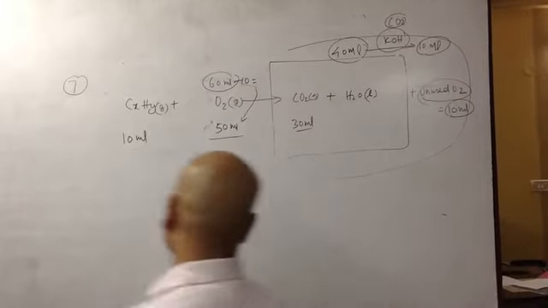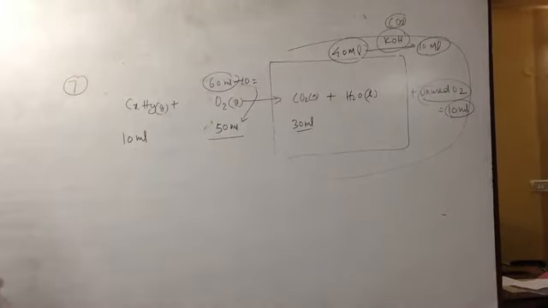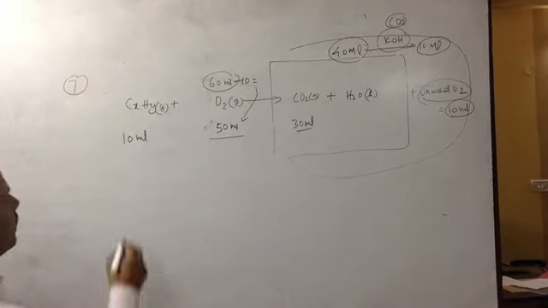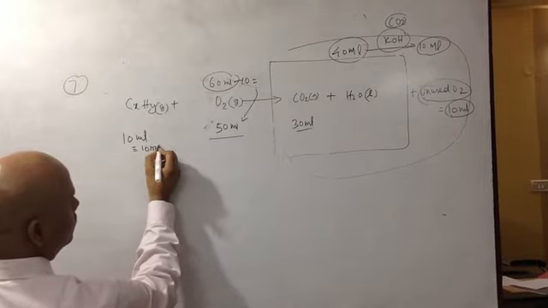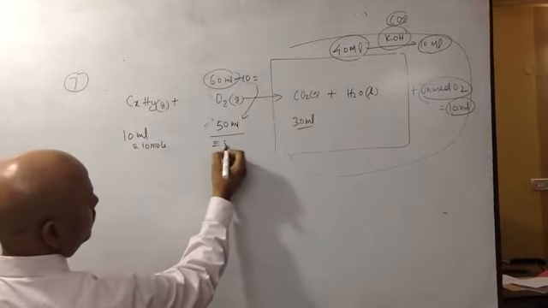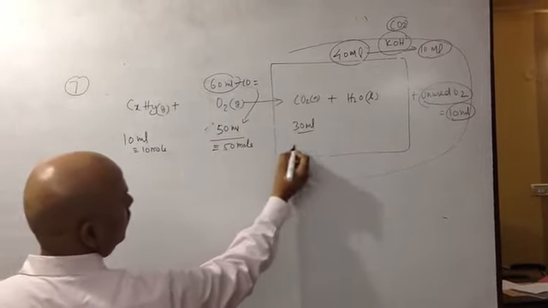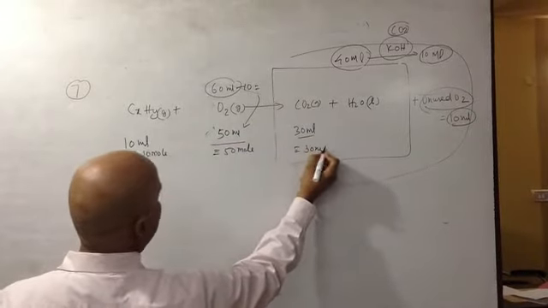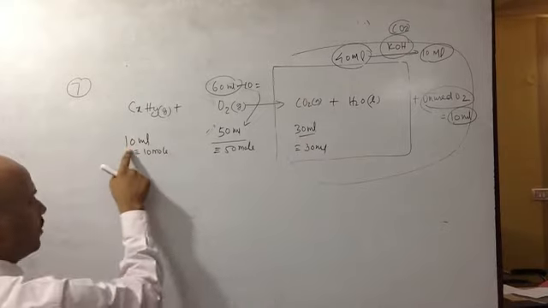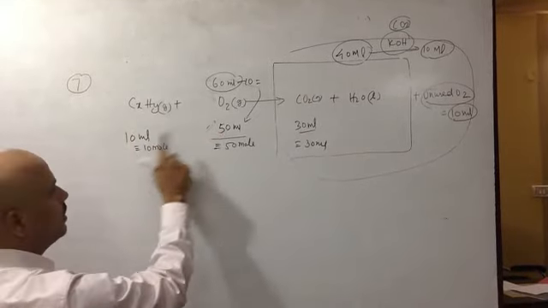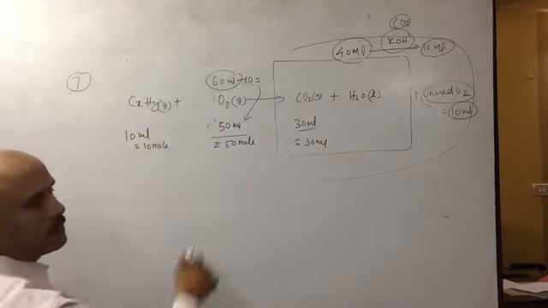Now you know that when gases are present at the same temperature and pressure, volume is equivalent to number of moles. We can say it is equivalent to 10 mole, 50 mole, and 30 mole. Or we simply say, if the volume of hydrocarbon is 10 and oxygen volume is 50, there will be a 1:5 ratio.